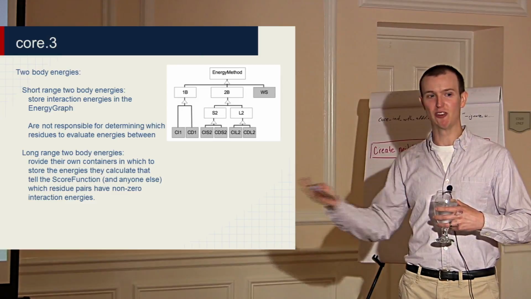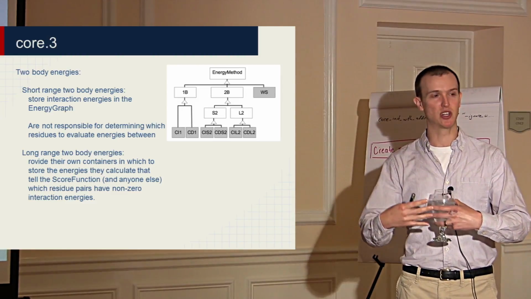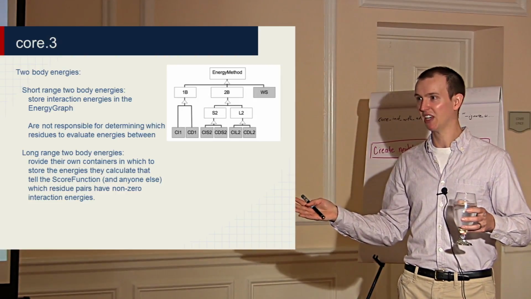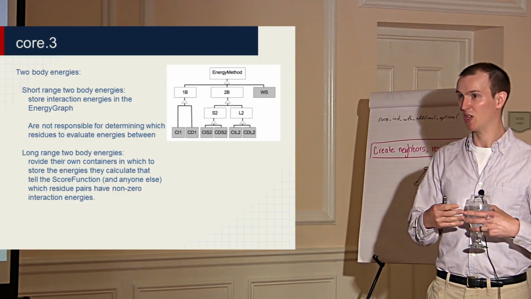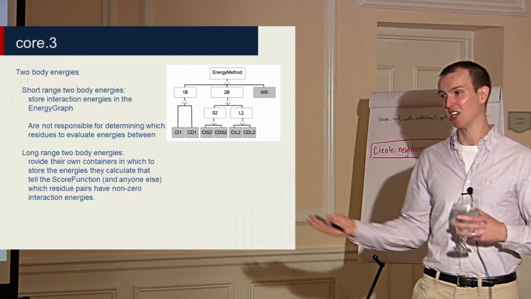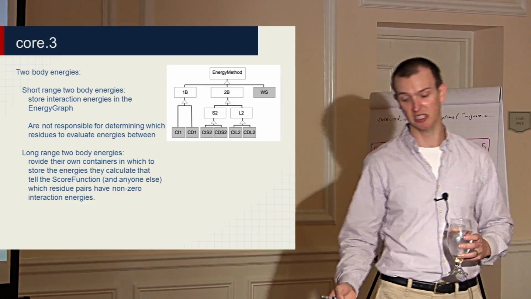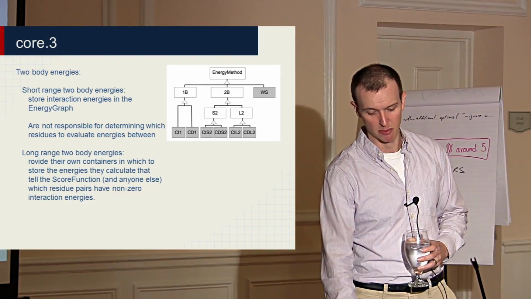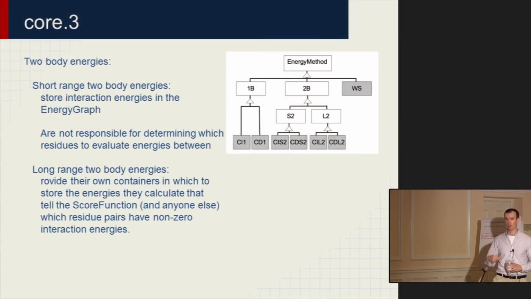If they got over 50 angstroms apart, you'd say it's probably an interaction energy of 0, especially if you want them to be right next to each other. You don't want to bias your search to force residues 10 and 50 as far apart as you can, because then the interaction energy will be 0, as opposed to trying to jam them together when it's really difficult, and so the constraint energy is probably non-zero. That would be defeating the purpose. And so that's why the long-range two-body energies have to provide their own mechanism of telling consumers who has interaction energies.